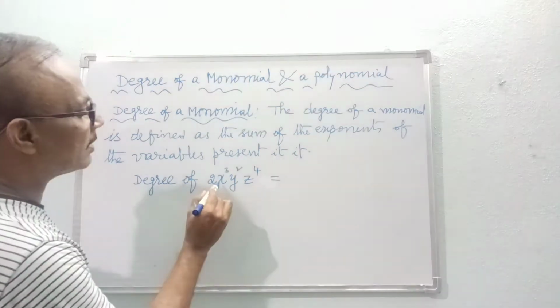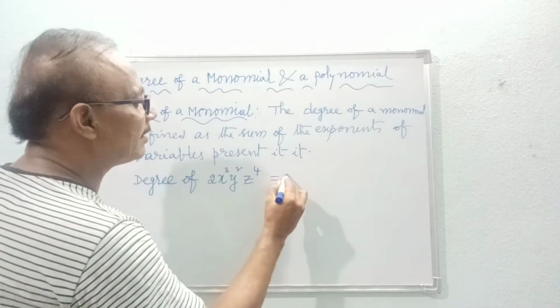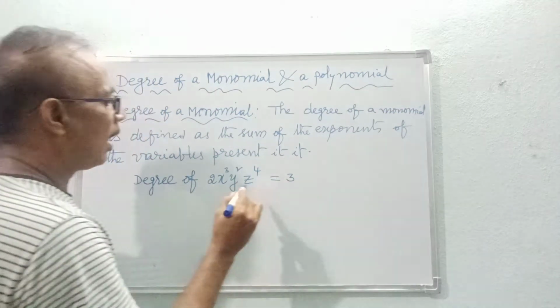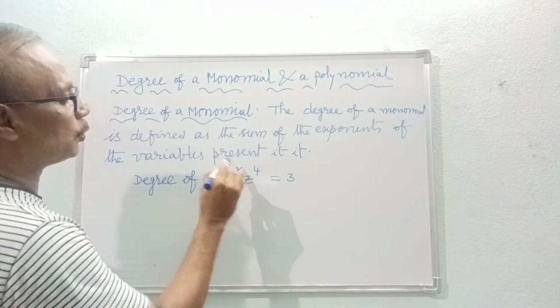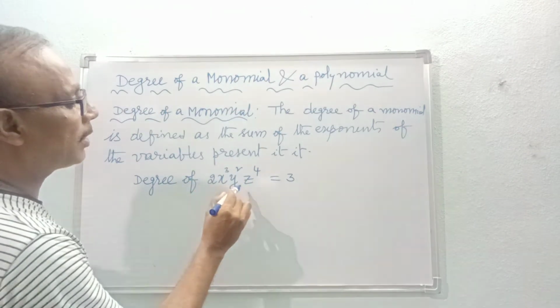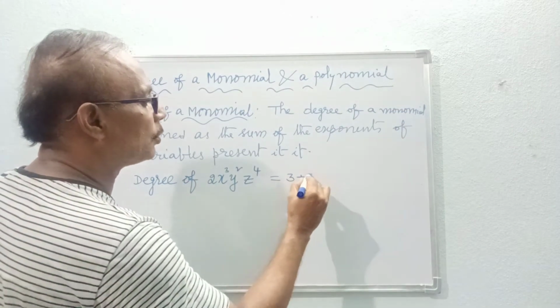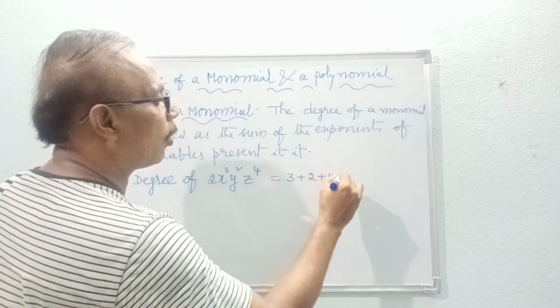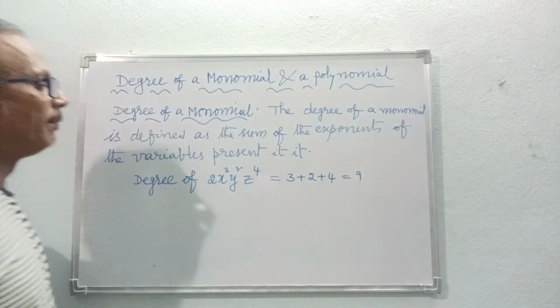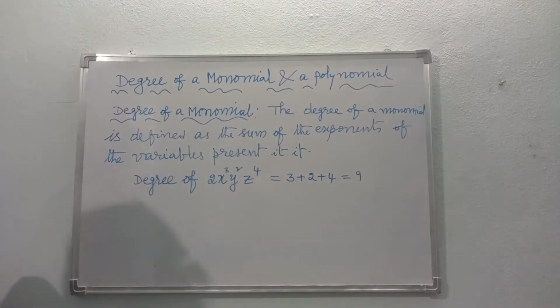If you notice, the exponent of x is 3 and the exponent of y is 2 and the exponent of z is 4. So 3 plus 2 plus 4, that is 9. Therefore, degree of 2x cube y square z power 4 is 9.